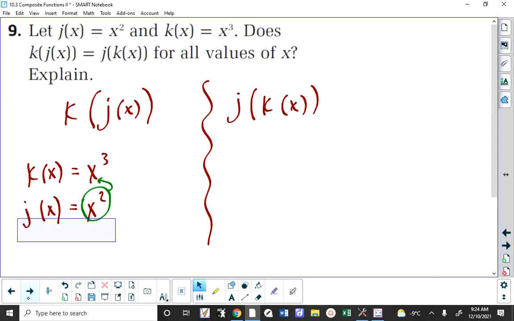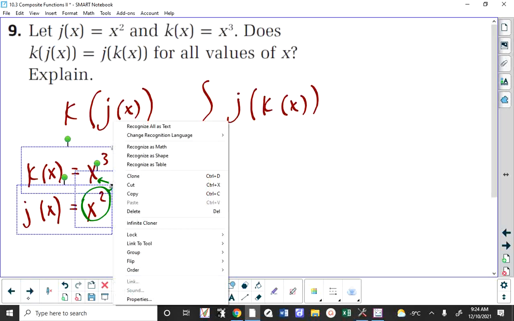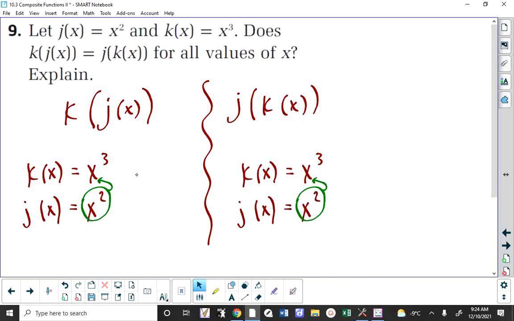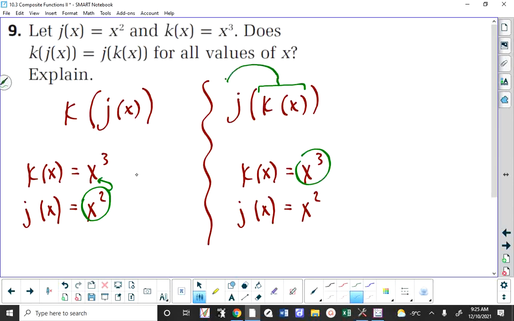Whereas, on the other hand, what does j of k of x mean? It means we are going to take k of x, which is x cubed, and feed it into j of x.